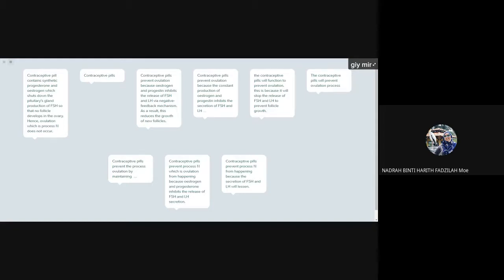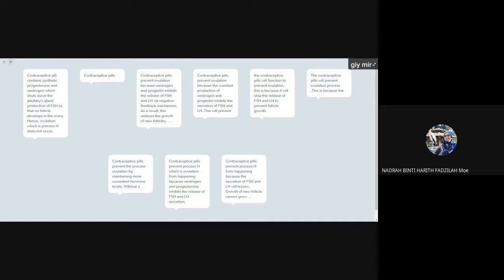Sebab kan tadi kita tengok pada graf, bila estrogen naik ke puncak, barulah FSH dengan LH pun naik ke puncak. So your idea of stating that it inhibits FSH dengan LH secretion is a good answer. Okay, negative feedback mechanism, very good.